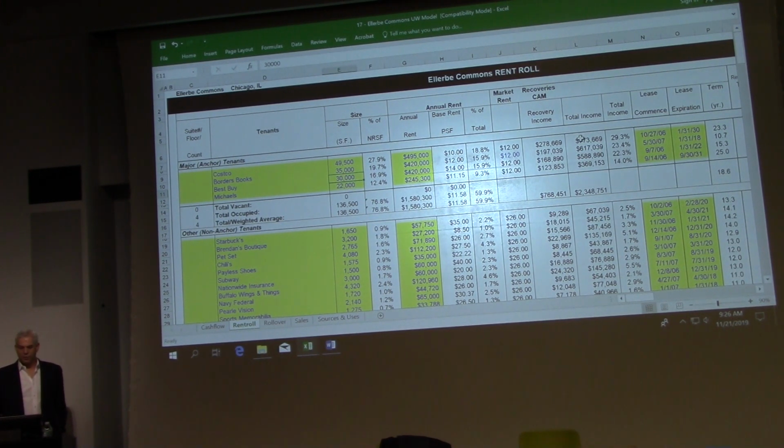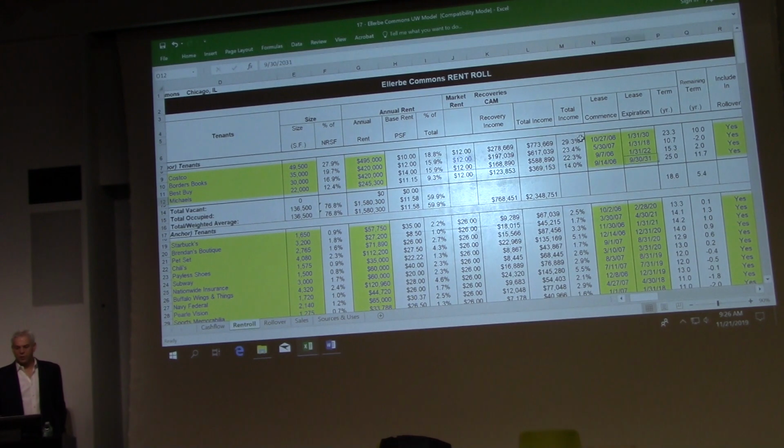Best Buy, we're going to have some structure around them, and Michael's, I believe, is okay. So after I start looking at who my tenants are, I'm looking at what they're paying. Are they all paying about the same amount? The answer is yes. And then I'm looking for, okay, what is the remaining term?